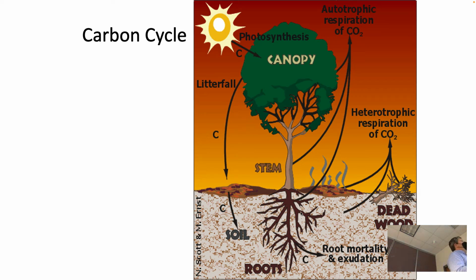And what happened 200 million years ago is lots of those trees died and were buried, and all that carbon dioxide that had been captured in them as carbon was buried underground and stayed there for hundreds of millions of years.